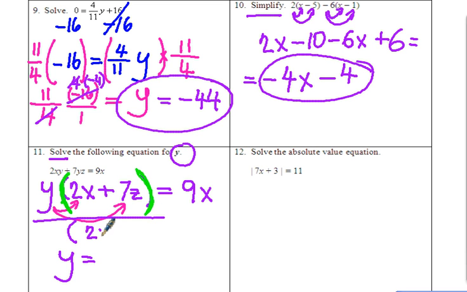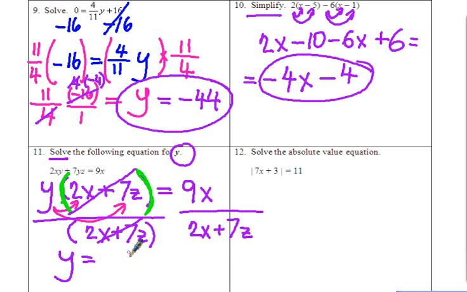So we will be dividing by 2x plus 7z. We have to divide the right hand side by the same expression, 2x plus 7z. And our final answer, because this cancels each other out, is going to be y is 9x divided by 2x plus 7z.